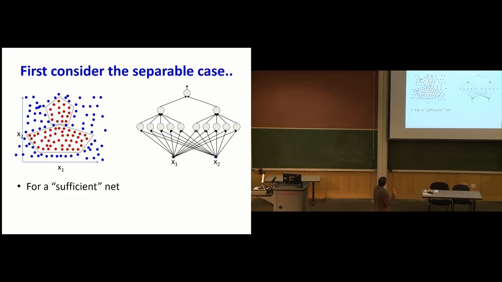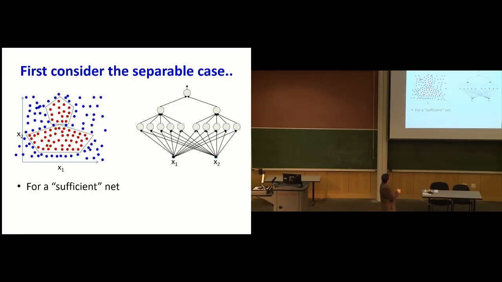So if I do this, now let's assume that I have a network. We've seen this problem before, in lecture 2. So let's assume that I have a network which is capable of perfectly classifying this data, provided the parameter values are set properly. In this case, each pentagon can be computed using something of this kind, where you have 5 units capturing the 5 lines, and then something that combines those 5.